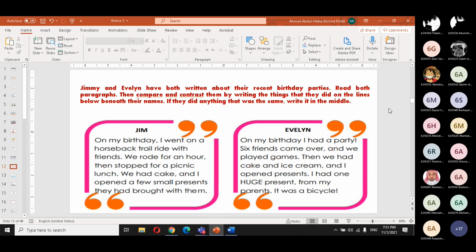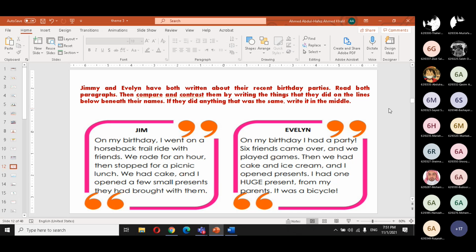Look at this. Jimmy and Evelyn have both written about their recent birthday parties. Read both paragraphs, then compare and contrast. Okay, I want you to read what Jim wrote and what Evelyn wrote, and try to find what is similar and what's different.